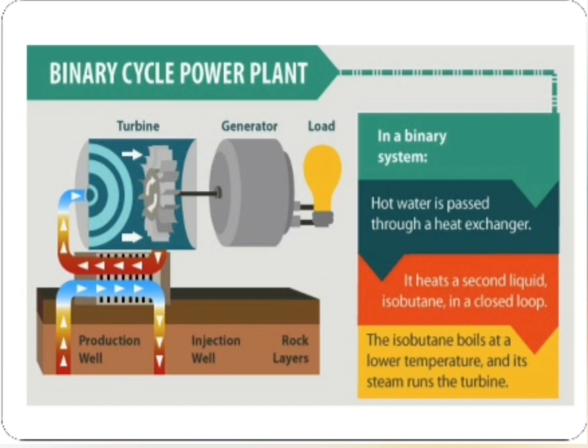And now when hot water is passed through a heat exchanger, this hot water heats up the second liquid present in the heat exchanger. Now this second liquid boils and produces steam. Now this steam drives the turbine and it produces electricity. So these are the three types of geothermal power plants, and how they work.